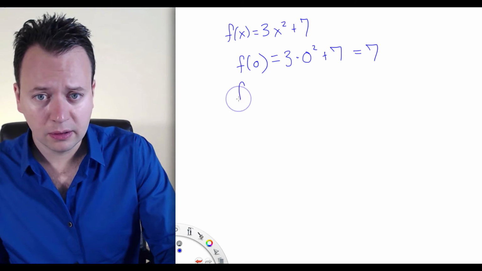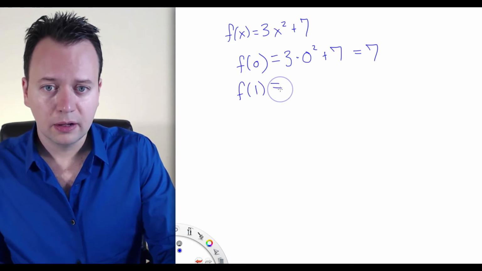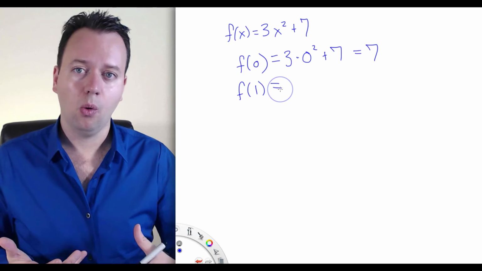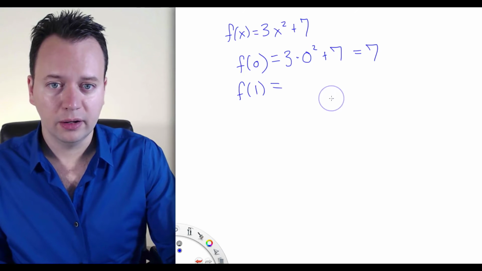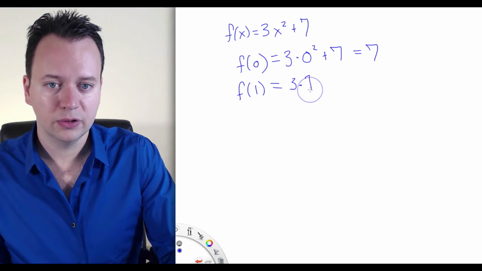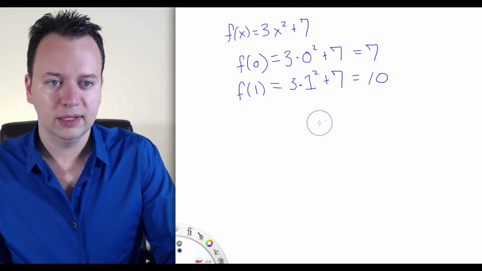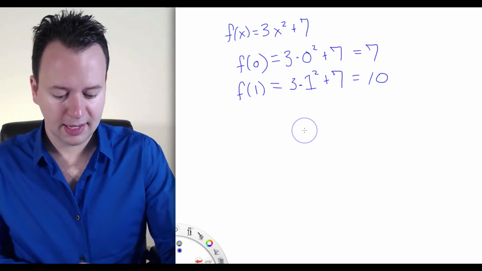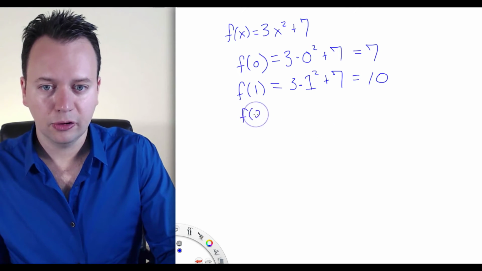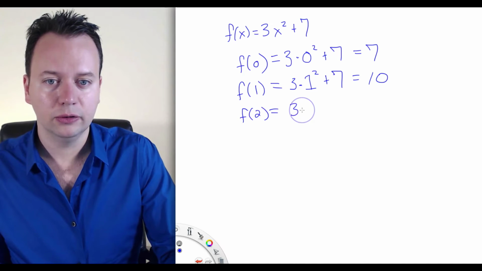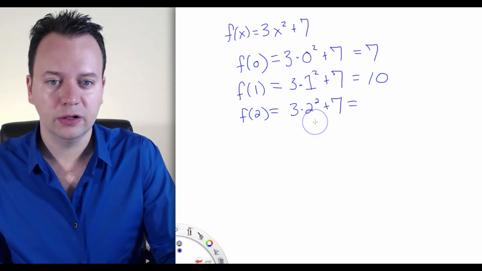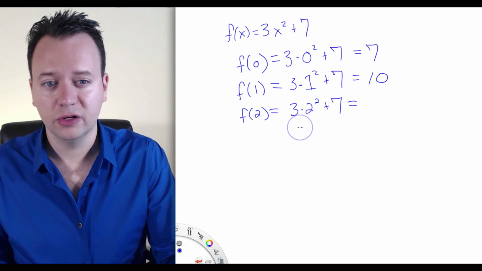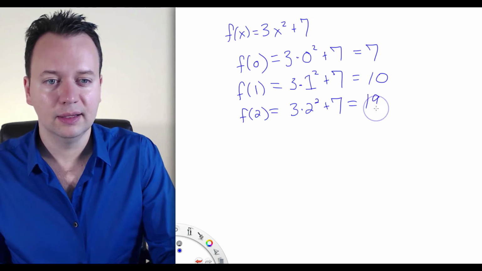Let's do it again with 1. What is f of 1? If the number 1 is the input, what is the output? Well, f of 1 would be 3 times 1 squared plus 7, so that's equal to 10. So f of 1 is equal to 10. Similarly, f of 2 is equal to 3 times 2 squared plus 7. 2 squared is 4, 4 times 3 is 12, 12 plus 7, 19.